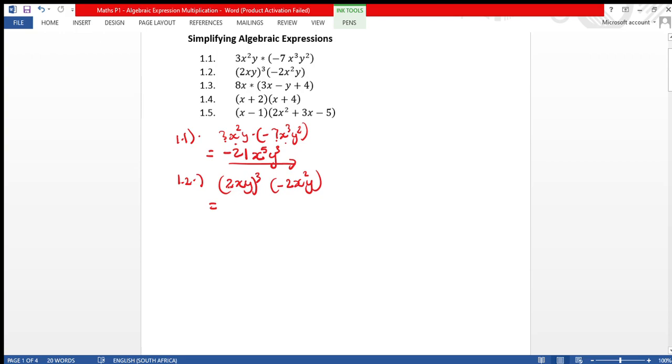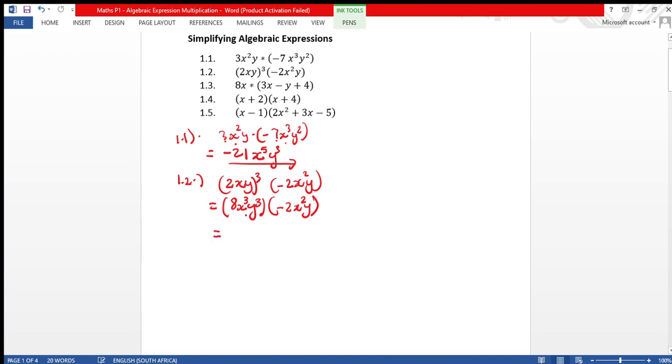So start by simplifying what is inside the bracket. 2 cubed is going to give us 8. Then x to the power 3, then y cubed. Then you put them in brackets. We're still multiplying by minus 2x squared y.